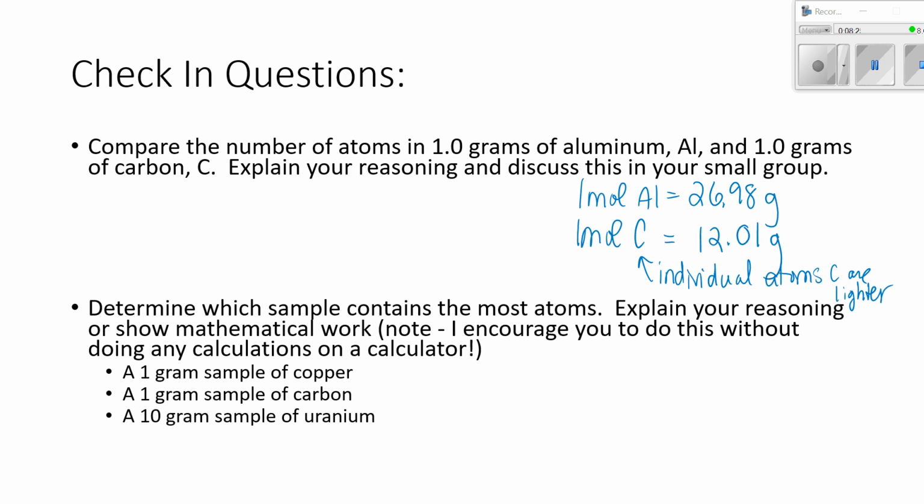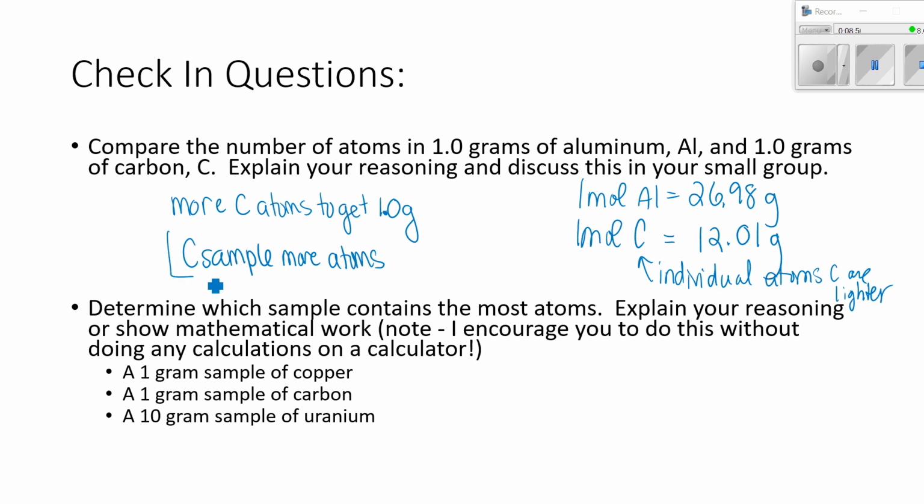So what that means is you are going to need more carbon atoms to get 1 gram than you would for aluminum. It's going to take more carbon atoms to reach that 1 gram value than it would for your aluminum atoms. So since each carbon atom is lighter, you're going to need more of them. So your carbon sample would have more atoms in it.